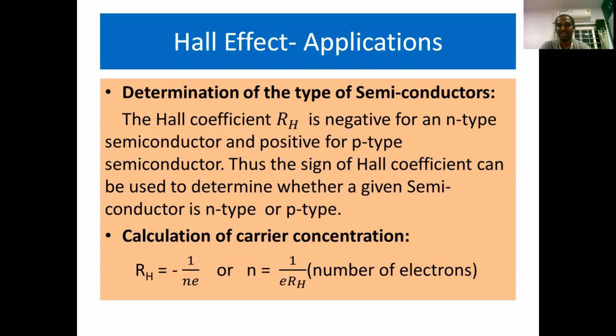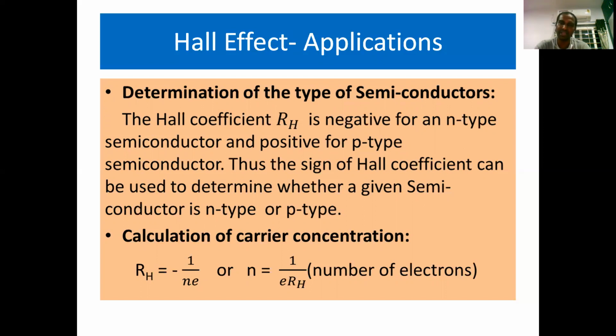If the sign of the Hall coefficient is positive, then it is a p-type semiconductor. Or if the sign of the Hall coefficient of the given semiconductor is negative, then it will be an n-type semiconductor. In this way, without testing the semiconducting material, you can identify its type based on the sign of the Hall coefficient.